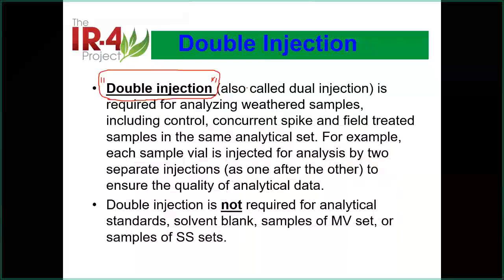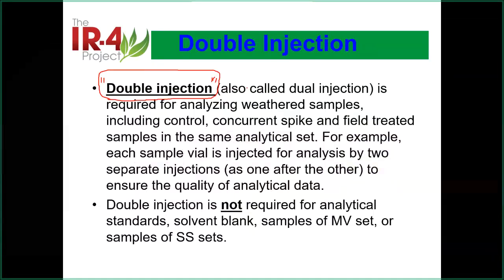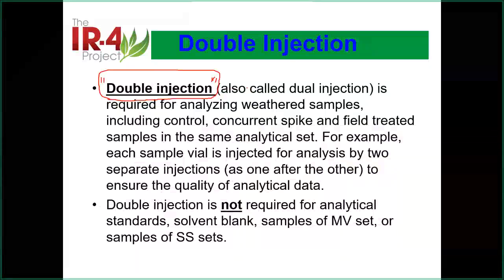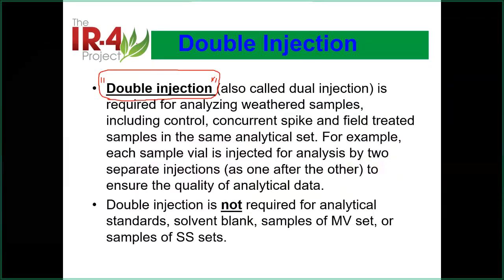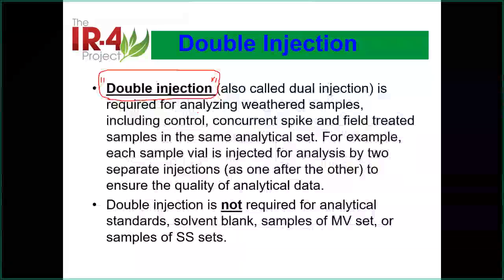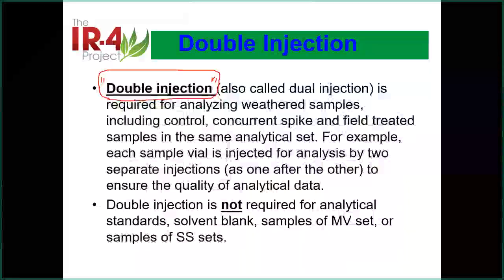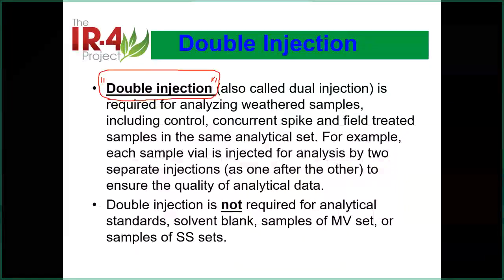In Europe, most likely they will require that. So it depends on where you go. To be on the safe side, EPA does not require that, but requires more accurate numbers. So to be safe, do everything with double injection. Or you inject the first time, and at the end you inject one more time. That's fine, but that's not the IR4 definition of double injection.